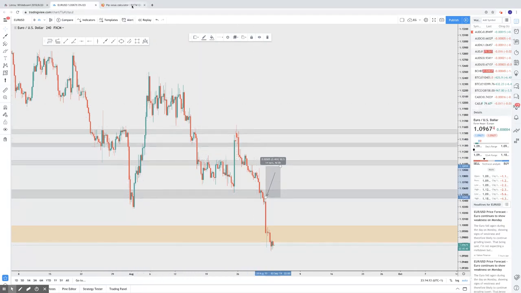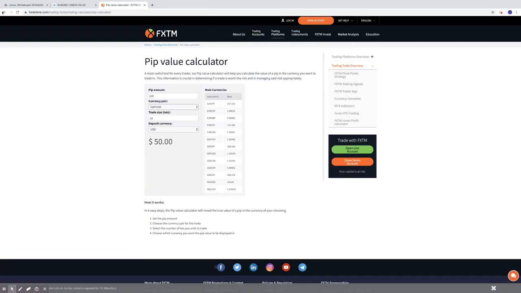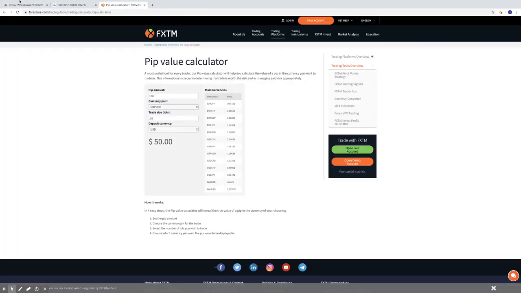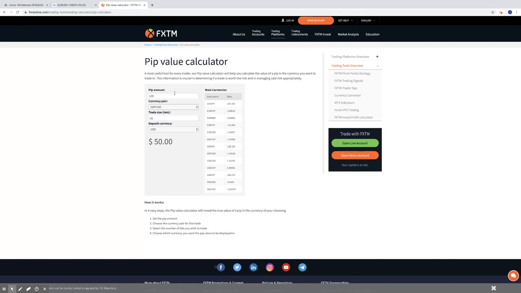So then what I would do is go over to my pip value calculator. Now remember, we have a $1,000 account, and we are willing to risk $30, 3% of it. Again, this is just personally what I do. I'm just explaining to you guys my risk analysis and strategies.